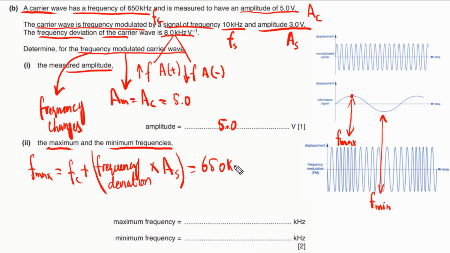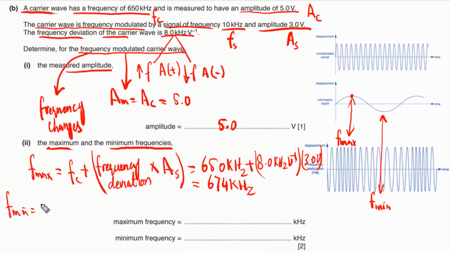This is 650 kilohertz plus the frequency deviation, 8.0 kilohertz per volt, multiplied by the signal amplitude, that is 3 volts. Our final answer in this case will be 674 kilohertz.